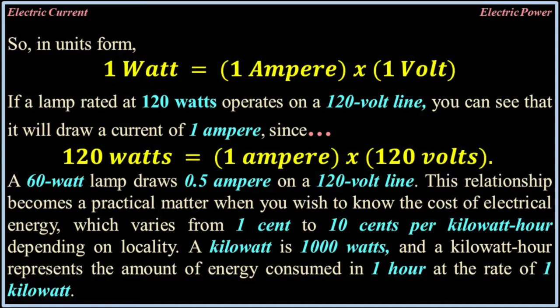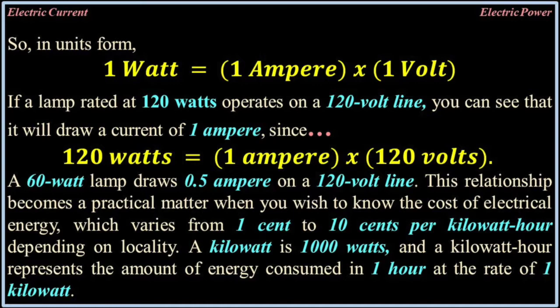If a lamp rated at 120 watts operated on a 120 volt line, you can see that it will draw a current of 1 ampere, since 120 watts equals 1 ampere times 120 volts. A 60 watt lamp draws 0.5 amps on a 120 volt line.